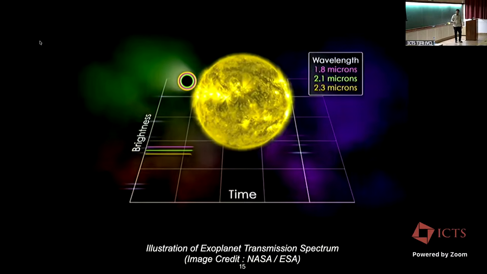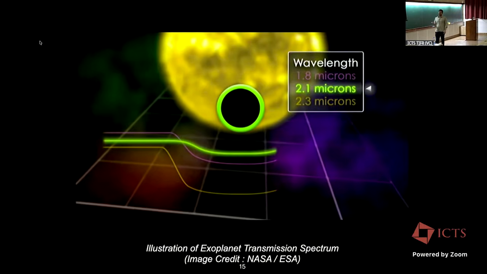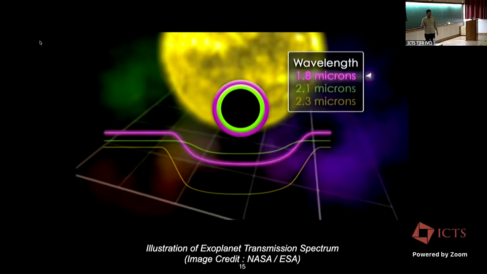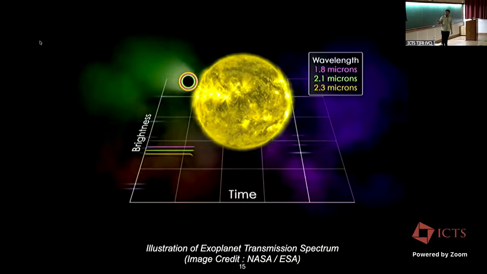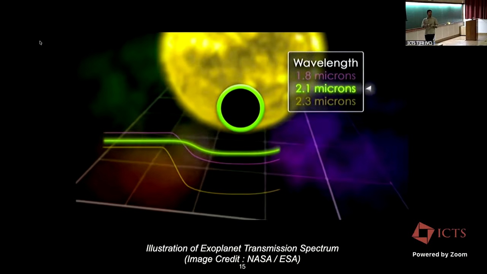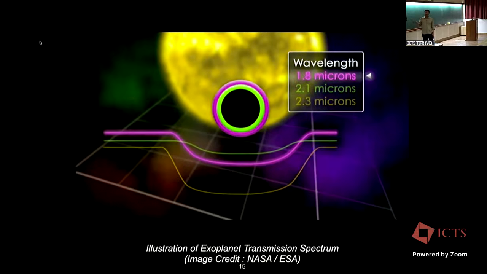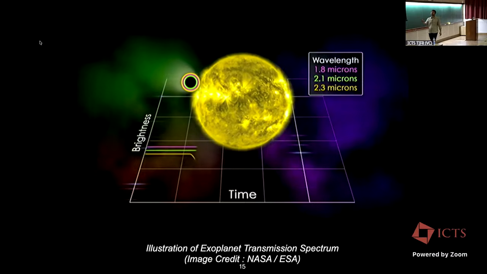summarizes it. Basically, you now measure your light curves in different wavelengths. And this measurement of light curves in different wavelengths gives us information about the atmosphere, because depending on what is present in the planet's atmosphere, the planet will look bigger or smaller. So your Rp bar, the transit depth, in different wavelengths will be different depending on what your atmosphere is made up of.